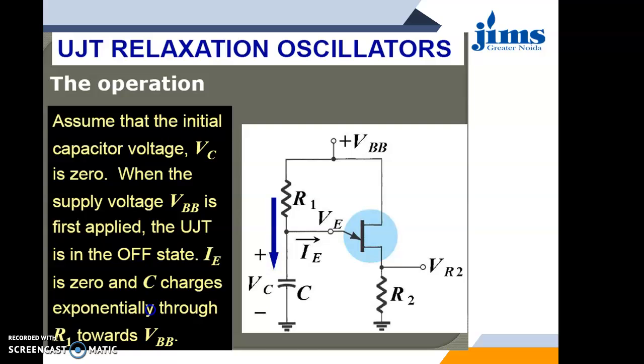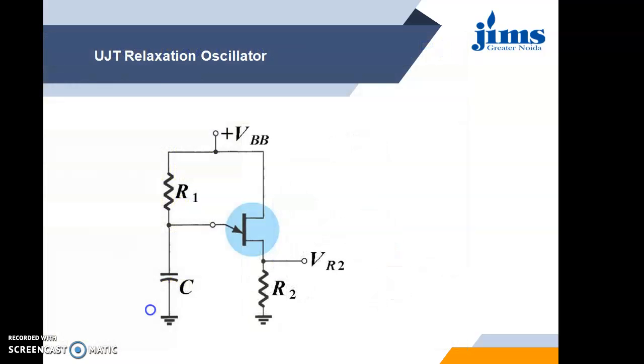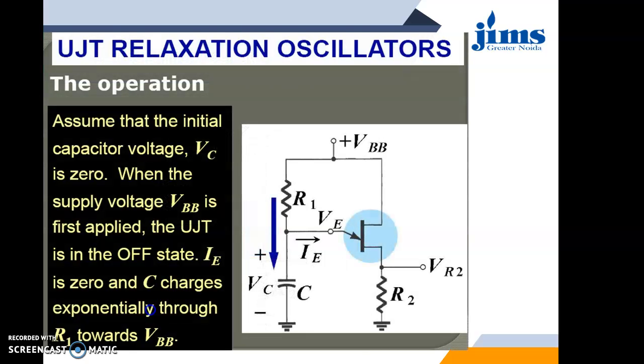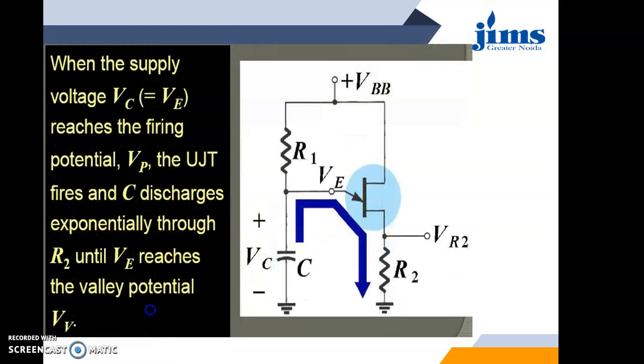When the voltage is applied, initially current flows through VBB and the capacitor starts charging. As soon as it reaches its peak value, the UJT becomes on and offers minimum resistance, and conduction starts.